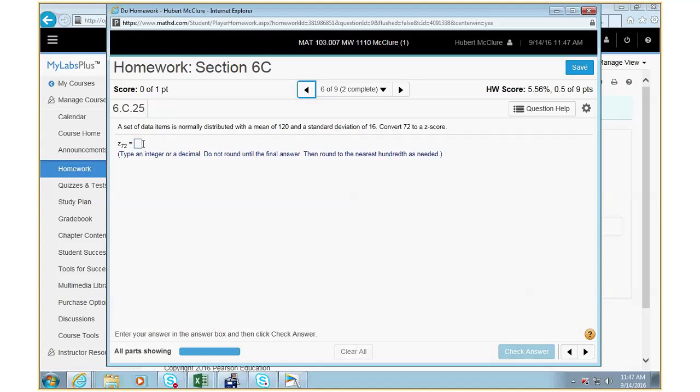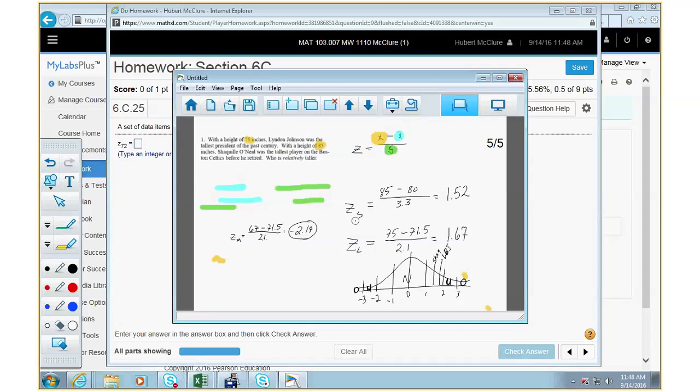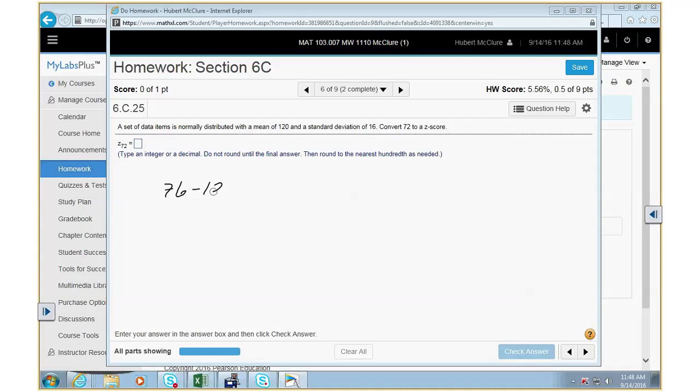Okay, it says 72. So convert: 72 is your x. So in this problem, it'd be 72 minus 120 over 16.